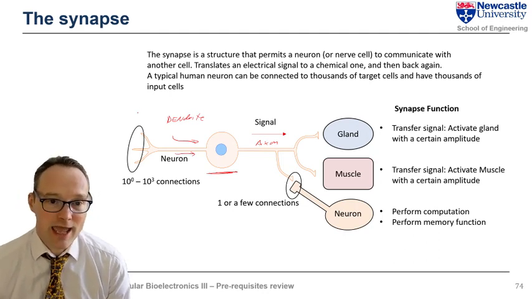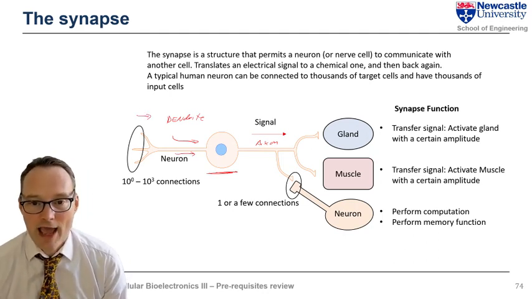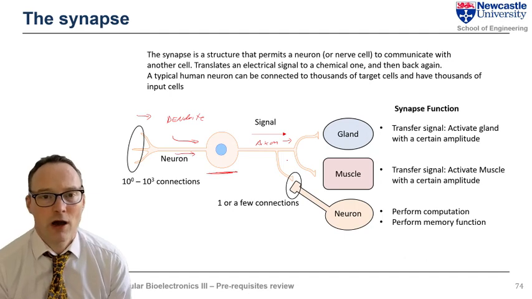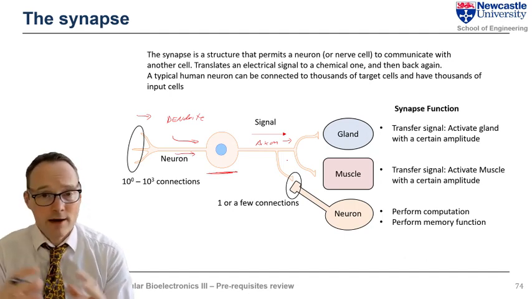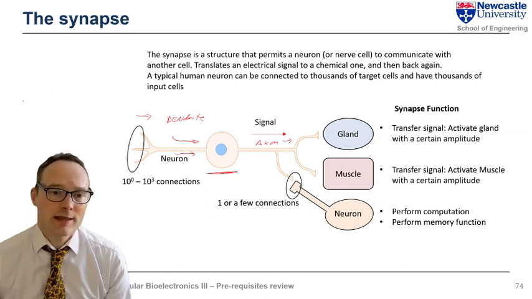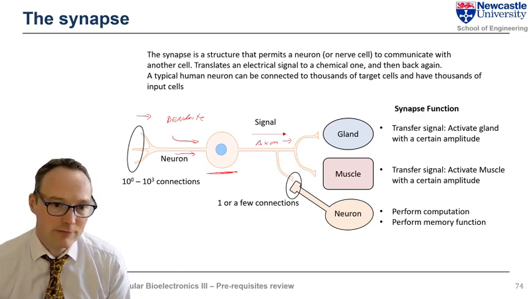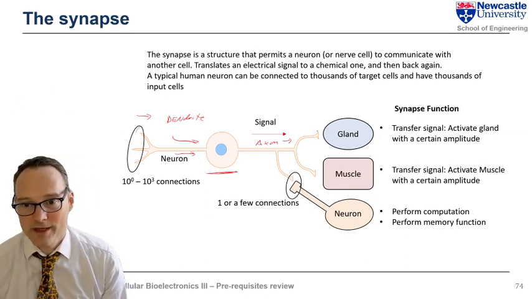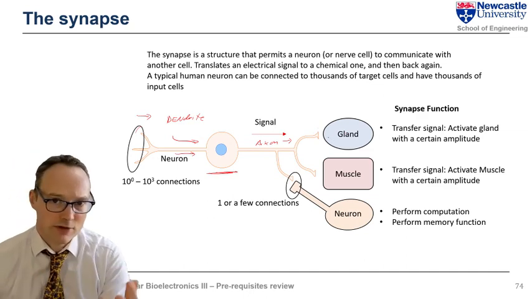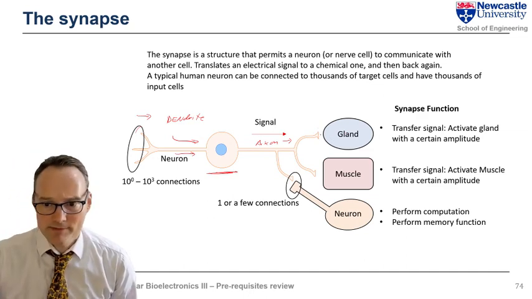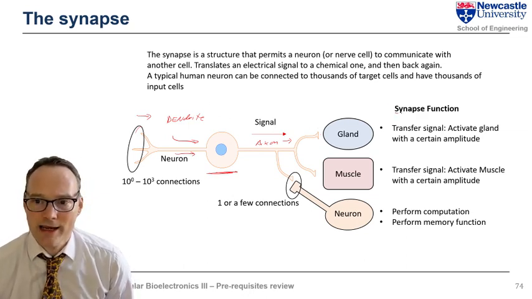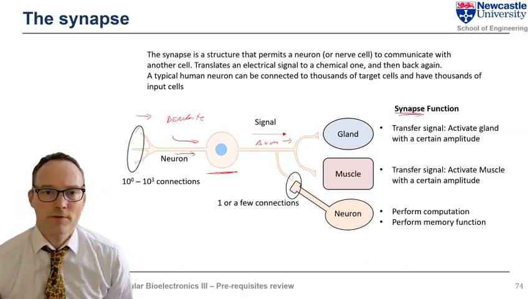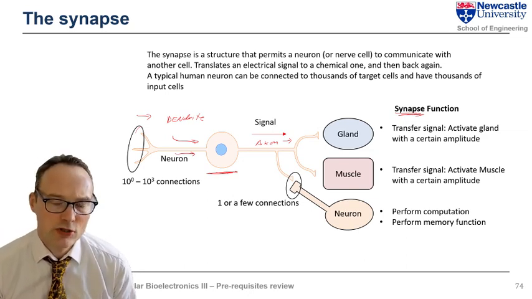So the dendrite is the input, and the axon is the output of this particular cell. So then, of course, there have to be connections. The connections into the cell and from the cell to other cells, or maybe glands, muscles, or neurons, are called the synapse. And the objective of the synapse is really twofold.